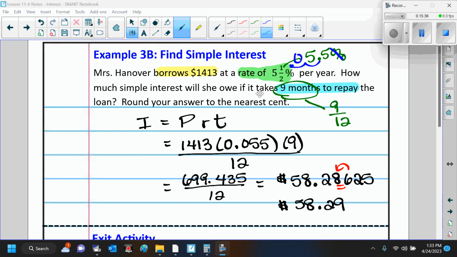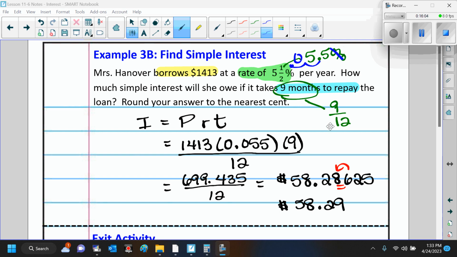So here, the important information is that our principal is $1,413. The interest rate, you guys, I wrote as 5.5% and then changed that to a decimal. So we have 0.055, and then we're going to use 9 months to pay. So on this one, I multiplied times 9 and divided by 12.